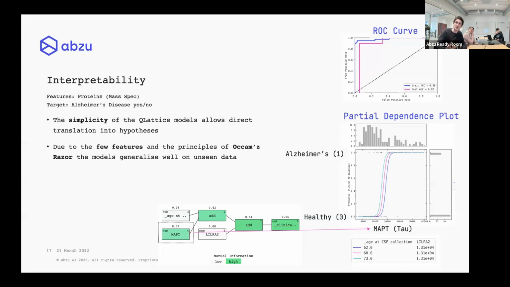When you're an older patient, it's lower MAPT or tau values that are going to put you in the positive class here, Alzheimer's disease. And that does, of course, make sense in some way, because there are many factors that contribute to AD, and the older you get, the less defense you have, in some sense, against cognitive decline. But it's just a nice illustration of how you can use these simple models to start interpreting relationships.